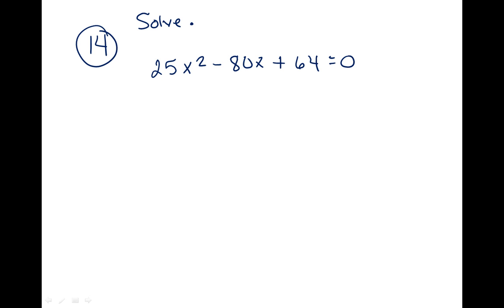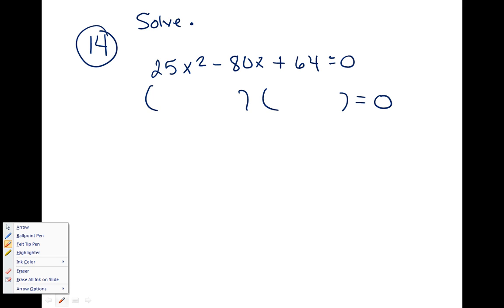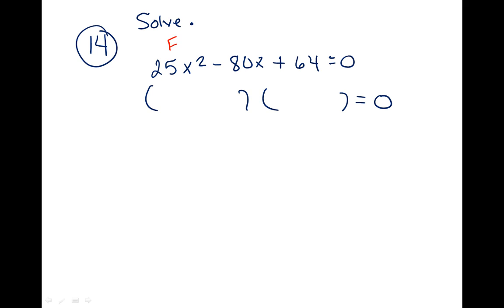So first we'll factor. We're going to use those same steps that I wrote down in the previous problem. You can see that this looks like a perfect square trinomial. 5x multiplied by 5x is 25x squared.